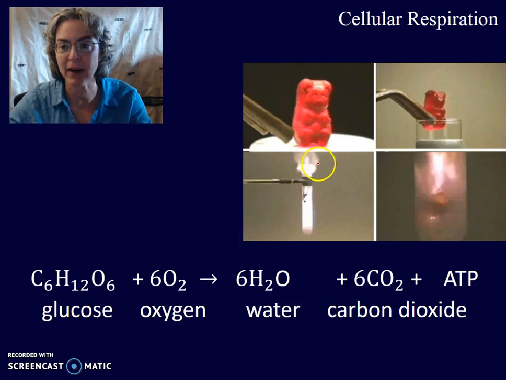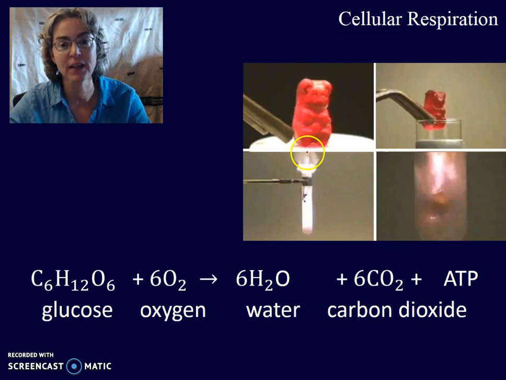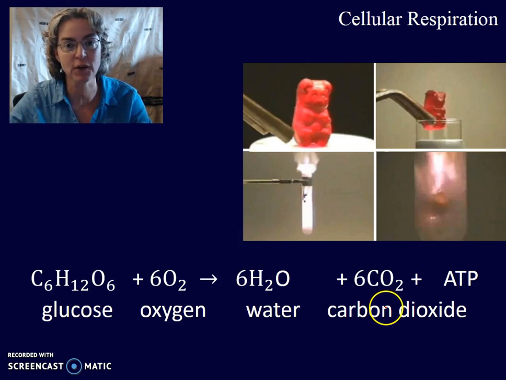And here you can see right here in this test tube, place the gummy bear in the test tube with oxygen and heat, and here you're getting water coming off in the form of steam and carbon dioxide in the form of gas. You're not getting ATP. All of the energy is transformed from this chemical energy into light energy, heat energy, sound energy, and there's still some chemical energy left over as well.